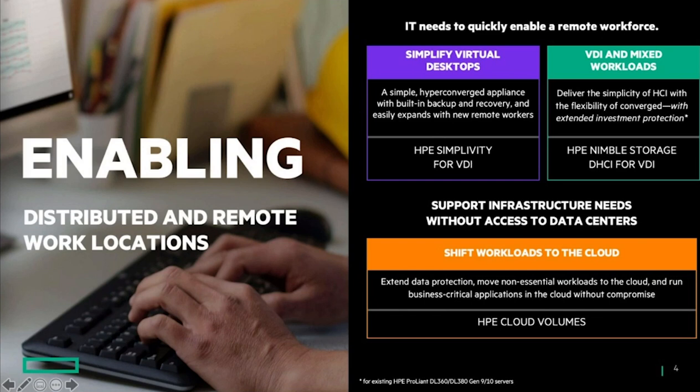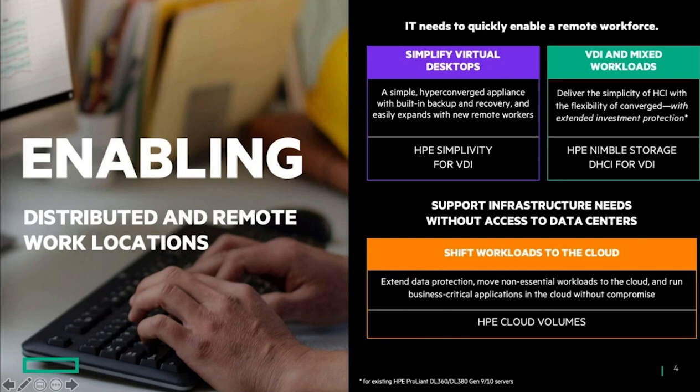You can start with small, medium, or large configuration and easily add new nodes non-disruptively to scale and support new remote workers. With our most recent announcement for HPE SimpliVity 325, we announced double the number of virtual desktops support, which lowers the cost per desktop by 50%.